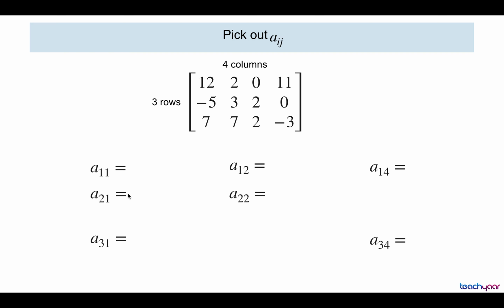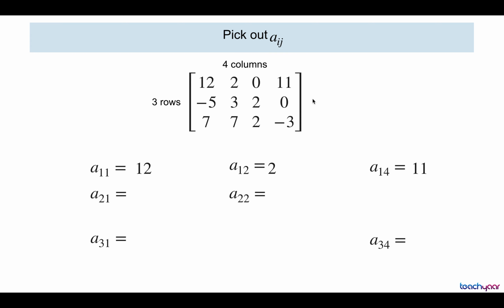A11, that's the first row, first column. So that's 12. A12, first row, second column, so 2. A14, first row, fourth column, so it better be 11.